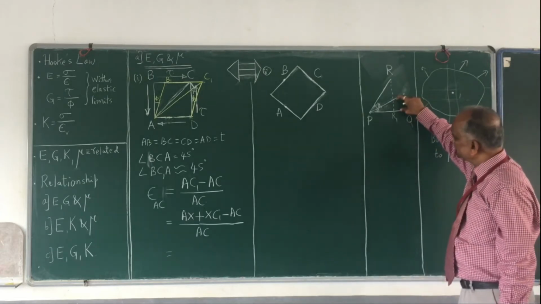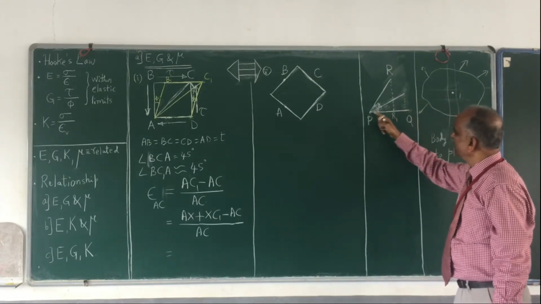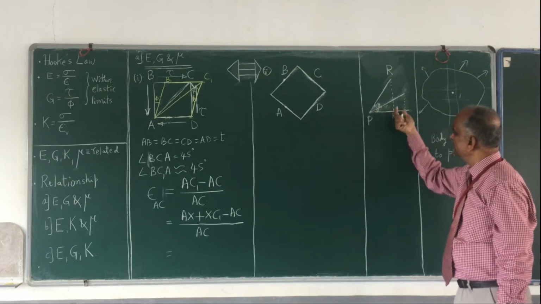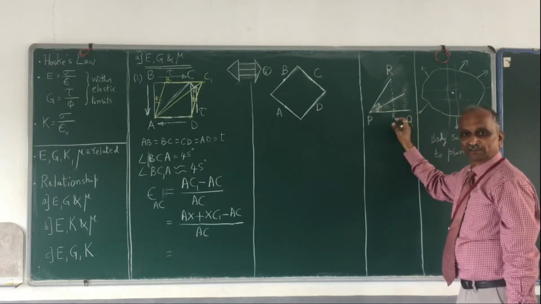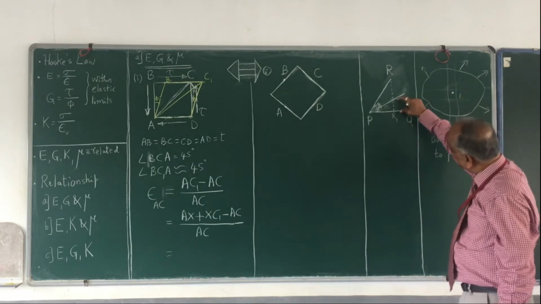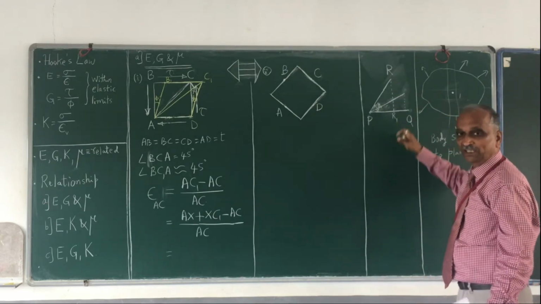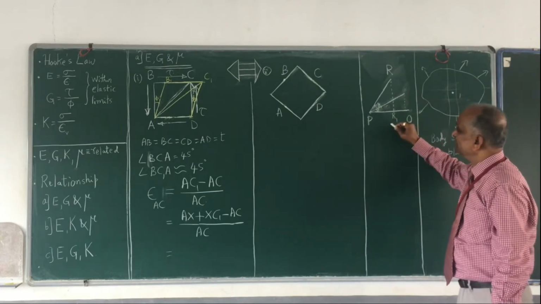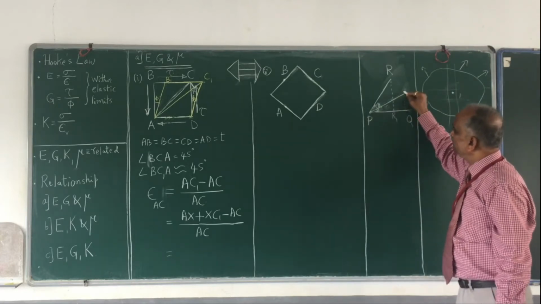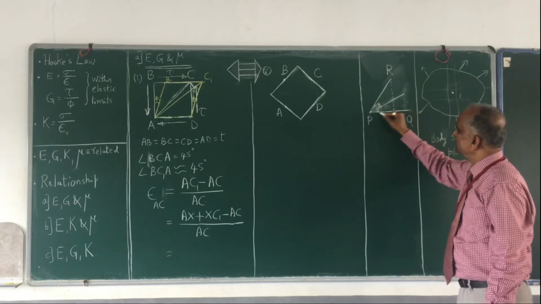If I reduce the angle, now PR1, whatever perpendicular I draw, has increased its length. Then again you reduce the angle and make it very small. In that case, whatever the perpendicular drop onto this.